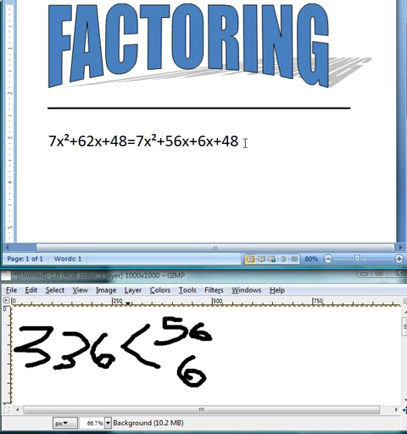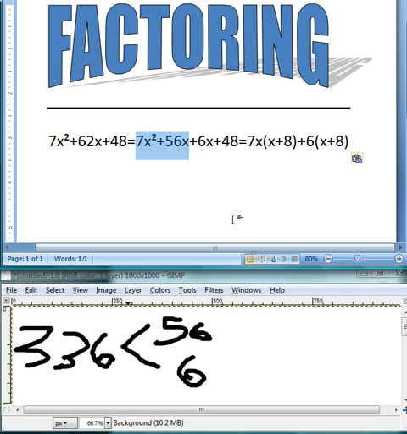So you take that, and the next thing you do is you figure out what you can take out of each part. Just separate it into the 7x squared plus 56x and the 6x plus 48.